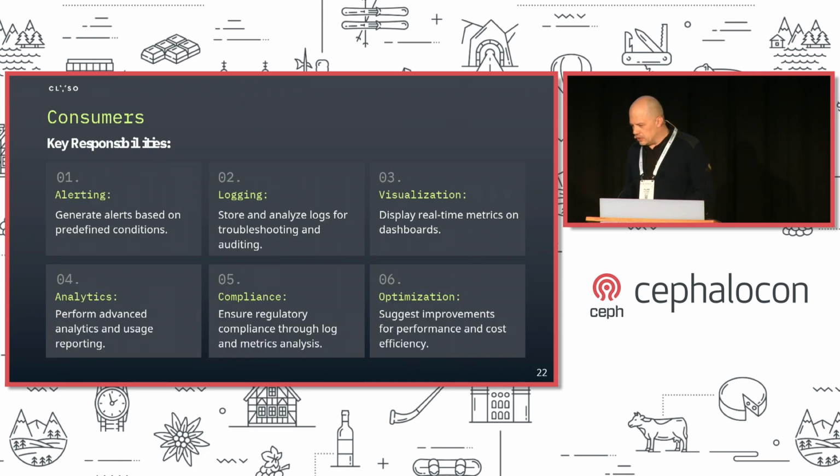Yeah. Just a few ideas of what it can be. Also, it can be for alerting, or for logging. We can still provide the information to Prometheus, Loki or whatever.